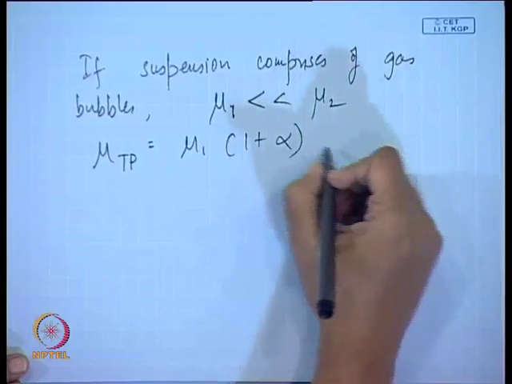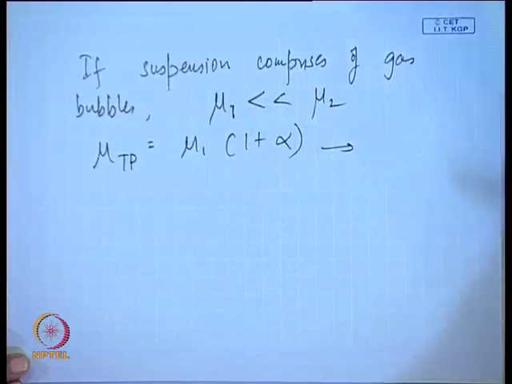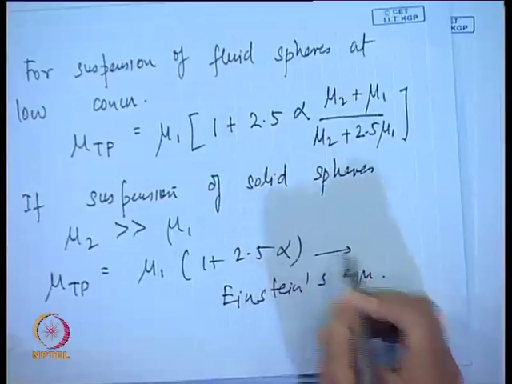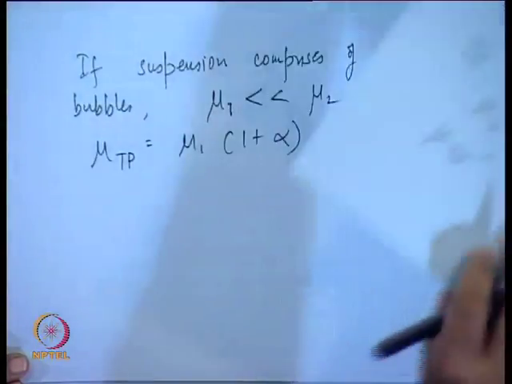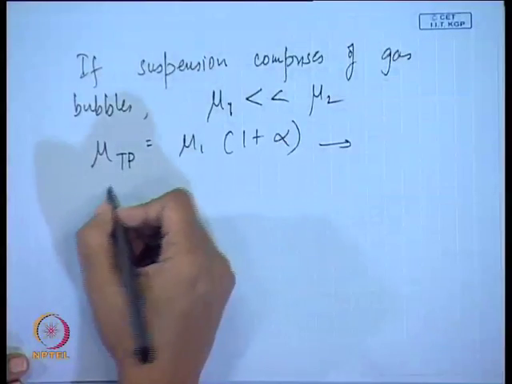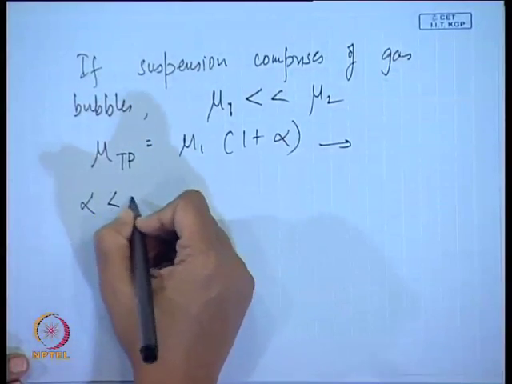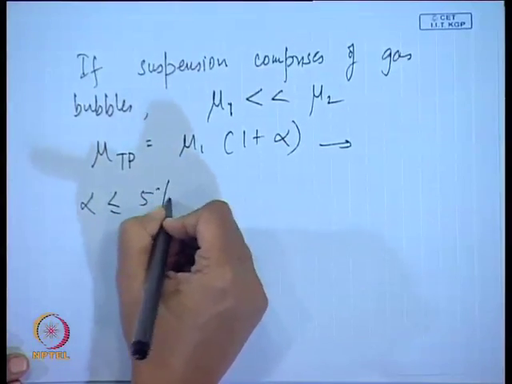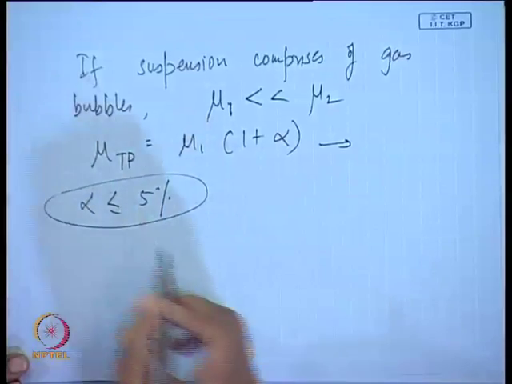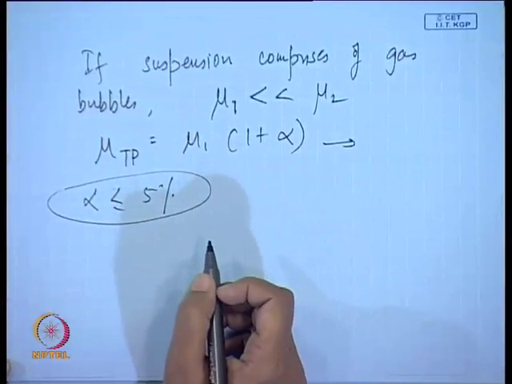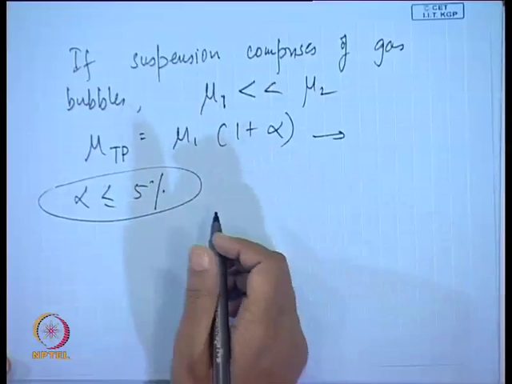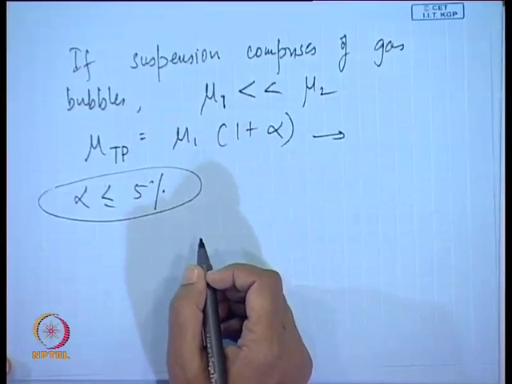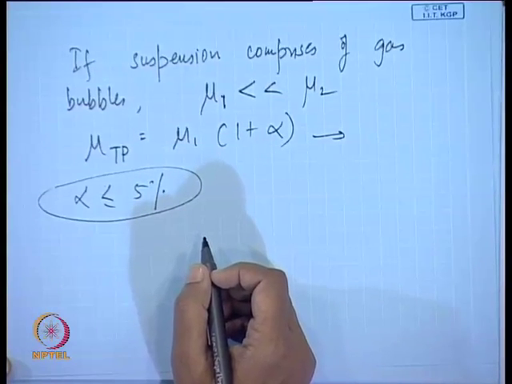Now, we know that both this particular equation as well as the Einstein's equation, they both of them are valid for concentrations below 5%, or in other words when alpha is less than or equal to 5%. For such a situation only these two equations are valid. Okay. But for most of the circumstances we will be dealing with a larger concentration of the dispersed phase.